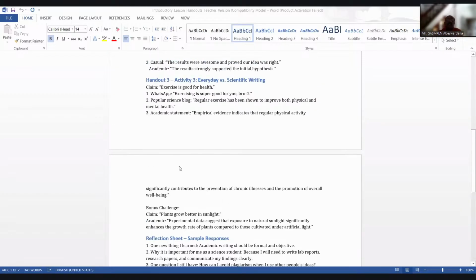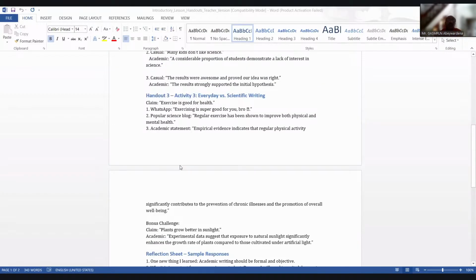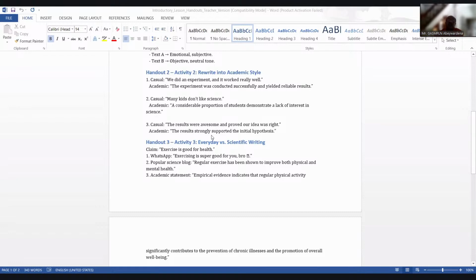Right, now look at the previous one. This is about an experiment. See, we did an experiment and it worked really well. How do we write it in an academic way?